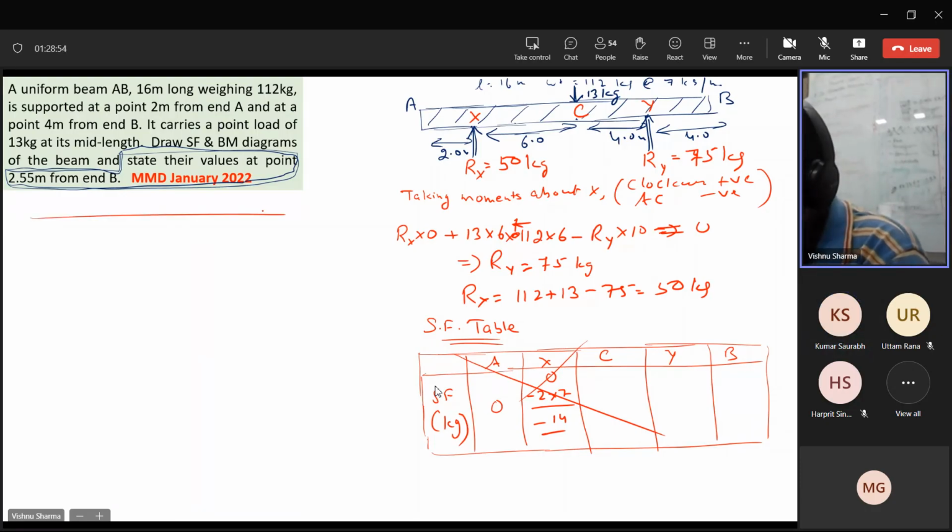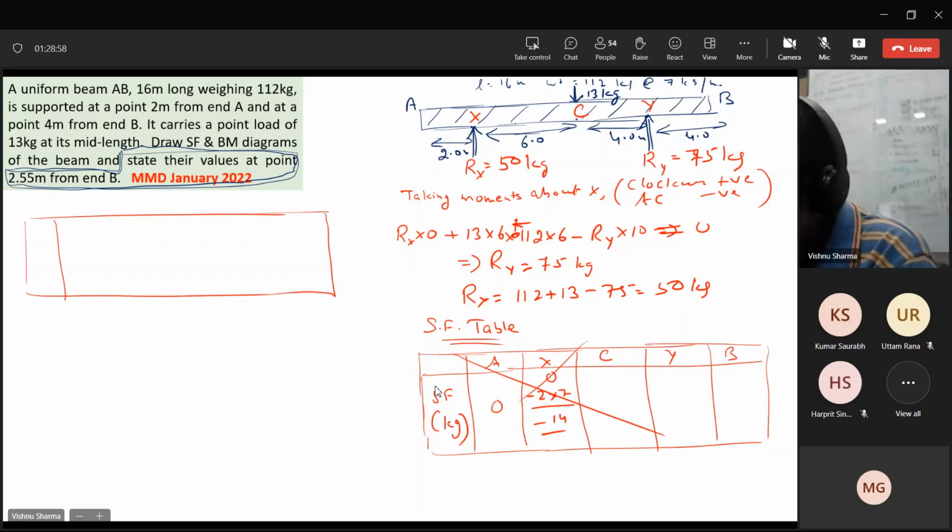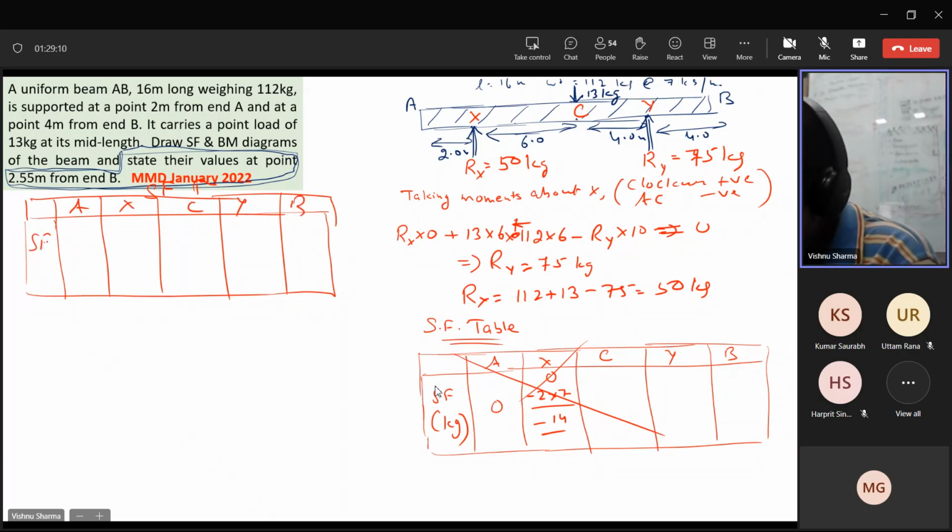Yeah, I forgot. In the discussion of moment, I did not divide into two parts. Yes. Okay. This is the SF table. Let me make it here. 7 kg at X and Y and C. X, C. Okay.